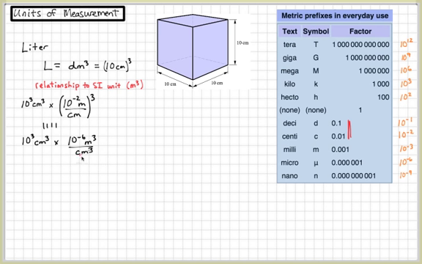And now centimeters cubed cancels out, leaving us with 10 to the minus 3rd meters cubed. Therefore, our non-SI unit, the liter, can be related to our SI derived unit, and 1 liter is equal to 10 to the minus 3rd meters cubed.